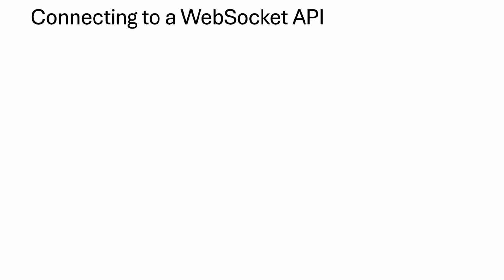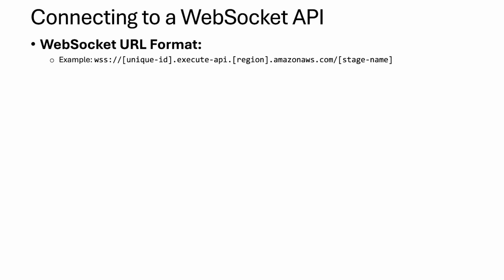Now we'll see in a deeper way how to connect to the WebSocket API. To start a WebSocket connection, you have already seen the flow where the client sends a WebSocket API request. But how will they do it? They will use this kind of URL. Once you create a WebSocket API in AWS API Gateway, it will give you this URL, which has WSS, where HTTP has HTTPS.